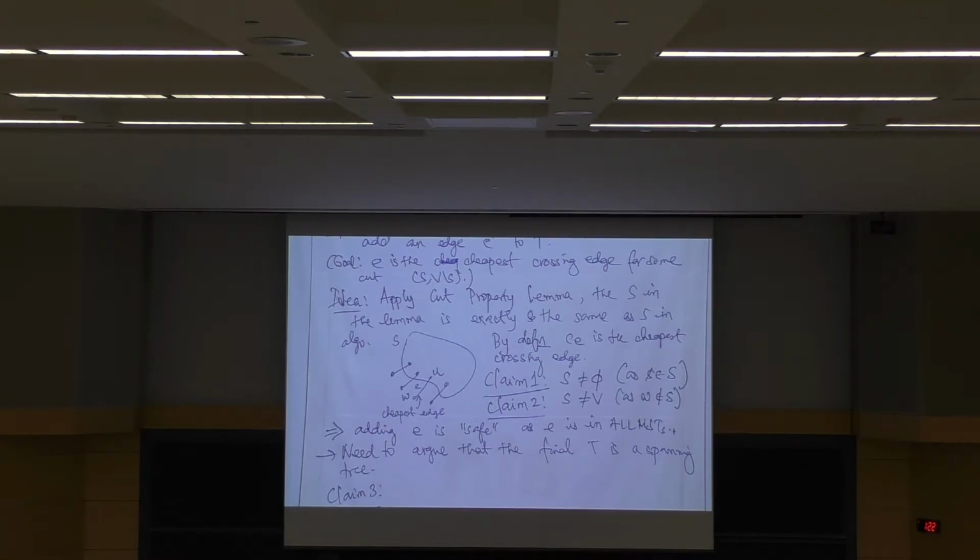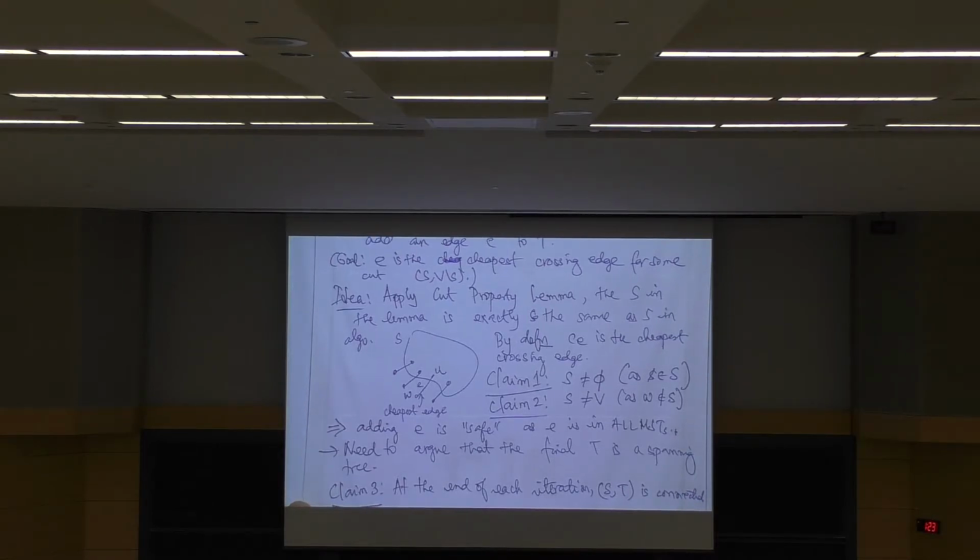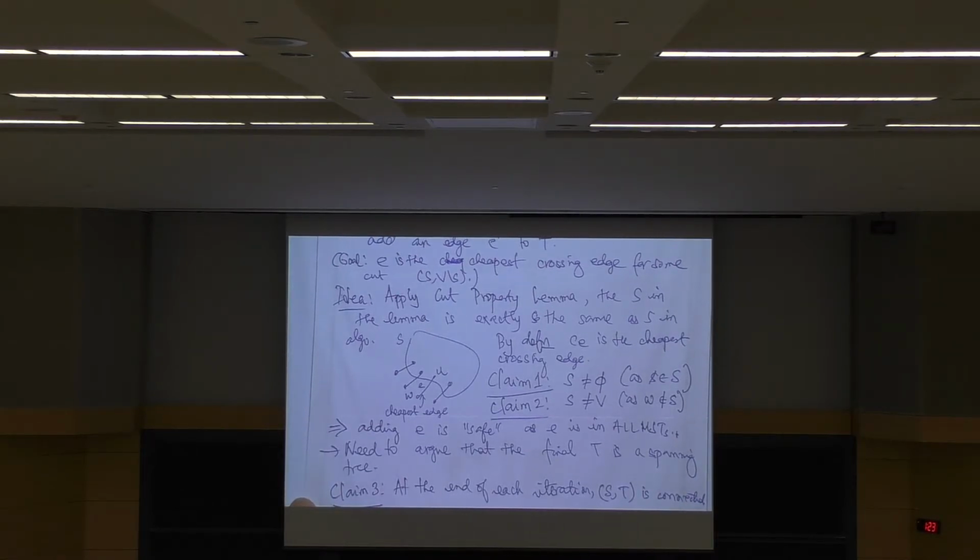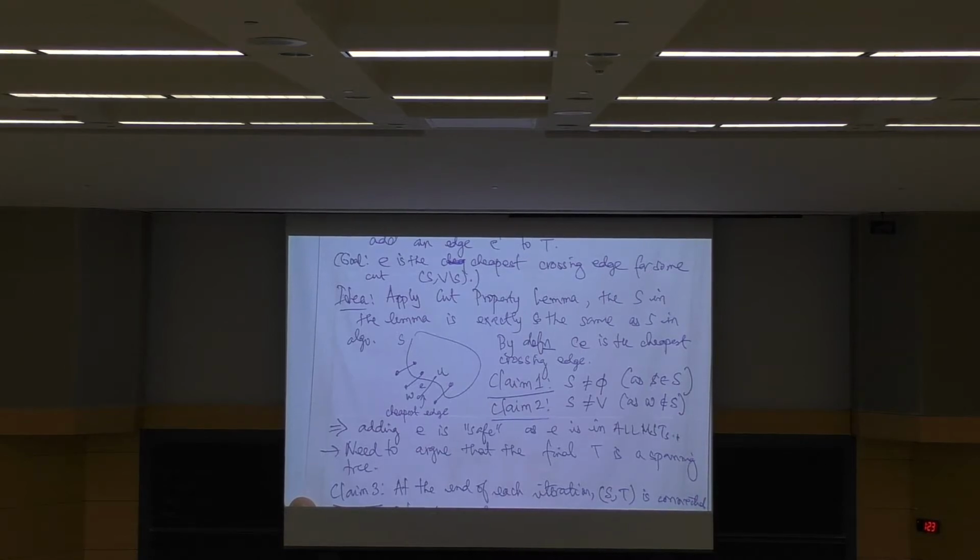So at the end, when S is equal to V, you would argue that the final output is a spanning tree. Okay? So at the end of each iteration, S comma T is connected. So this implies Prim's is correct when S is equal to V.